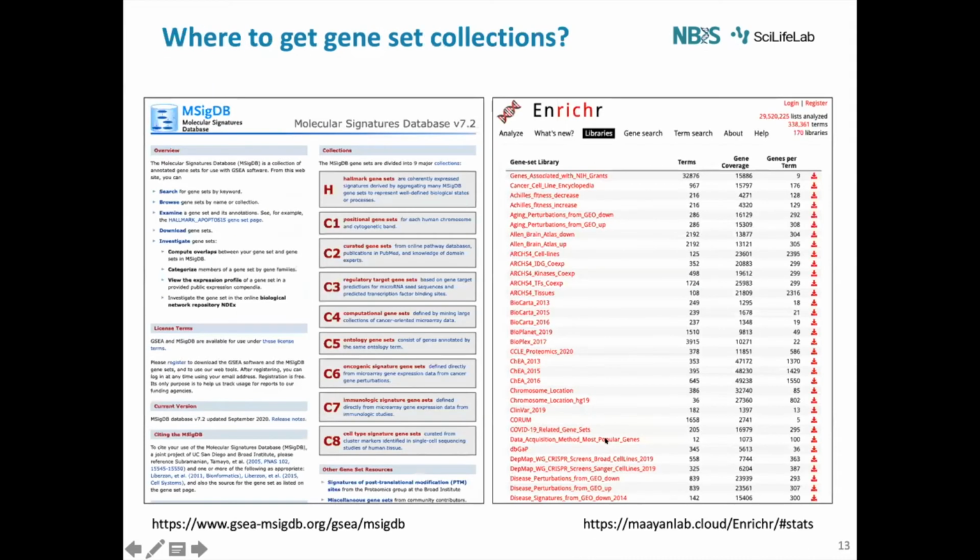Whatever database you use, I can refer, for example, to the molecular signature database or Enrichr that I mentioned before. This is where you can find Hallmark gene sets, curated gene sets, regulatory targets, and gene ontology will be somewhere here, and many other immunological signatures that are based on public data sets. As for Enrichr, there are also many other things: chromatin accessibility, cell lines, the Allen Brain Atlas.